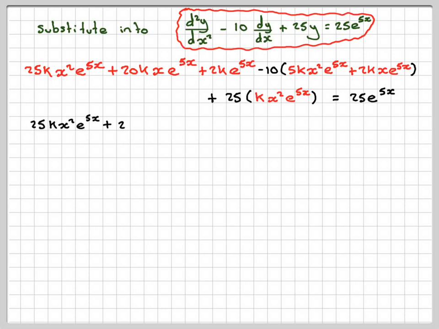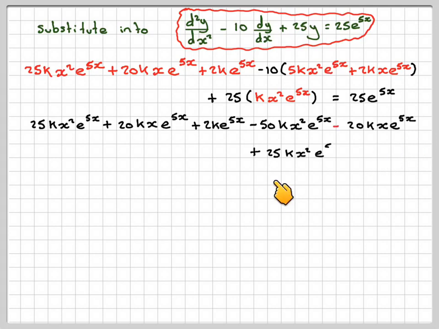Right, so we'll just write this bit out again, and then we'll take minus 10 into this bracket here. So you get minus 50kx squared e to the 5x, minus times the plus gives a minus 20kx e to the 5x, plus 25kx squared e to the 5x is equal to 25e to the 5x.